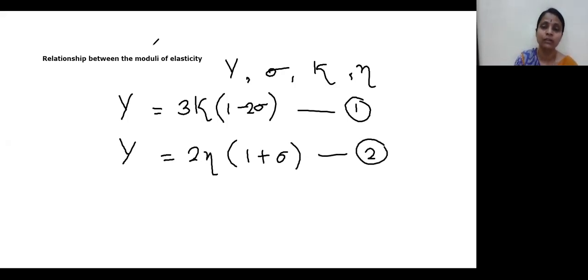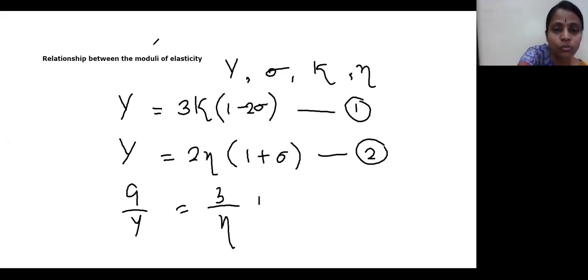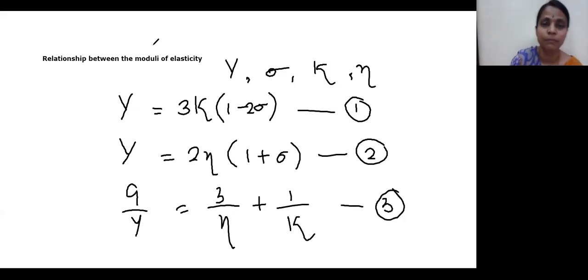And then I'm going to give you another one. 9 by Y. This is only the 3 moduli of elasticity. 9 by Y is equal to 3 by eta into 1 plus 1 by kappa. This is going to be the third relationship between the moduli of elasticity.